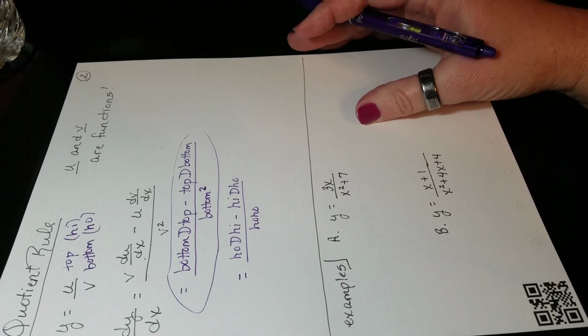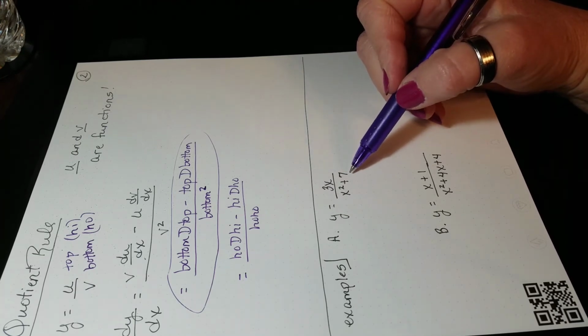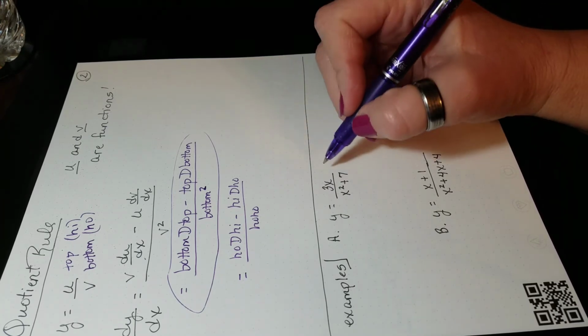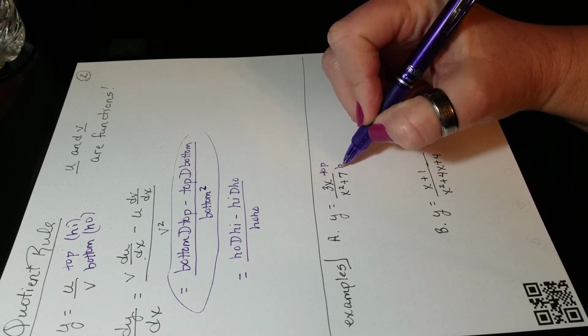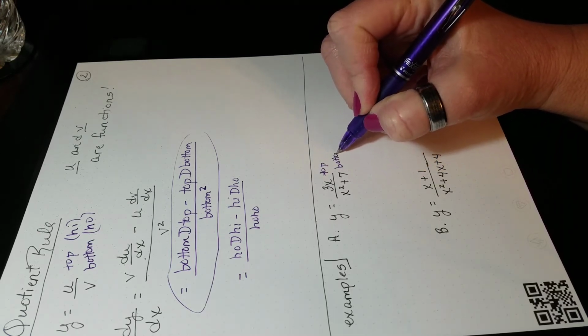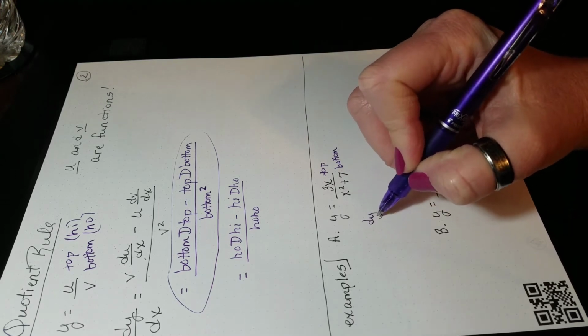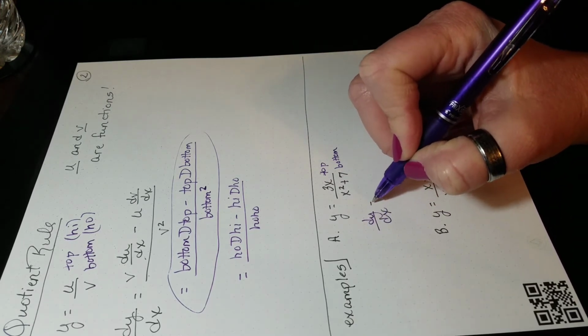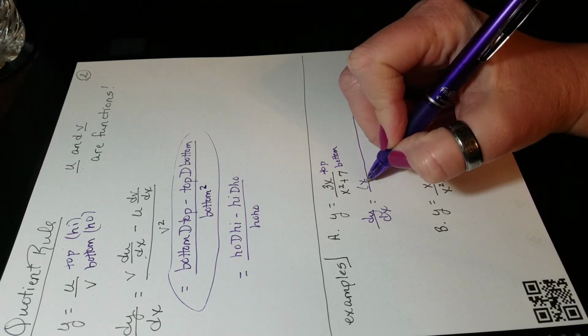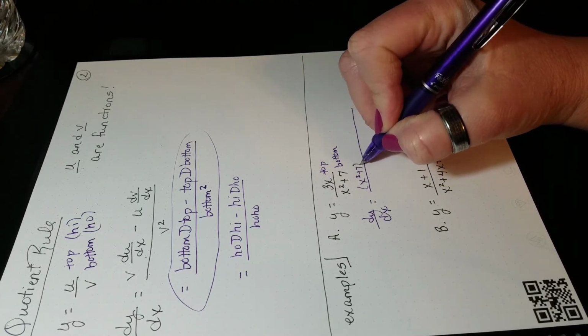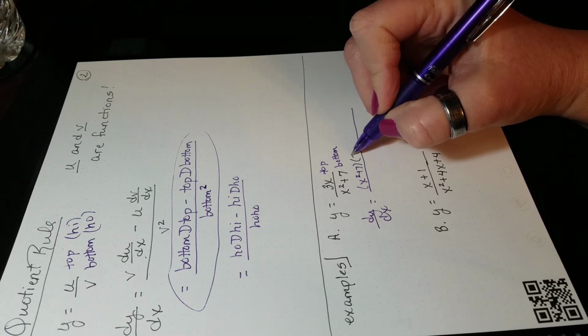All right, so here's an example. I have a quotient, y equals 3x over x squared plus 7, so I've got a rational function. 3x is my top, of course. x squared plus 7 is my bottom. And dy dx, again, just set it up. You do not need to do anything to simplify. I just want you to set it up. So it's the bottom, x squared plus 7, times the derivative of the top, 3.